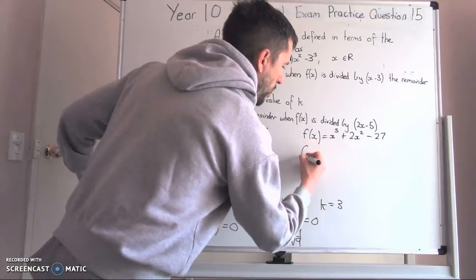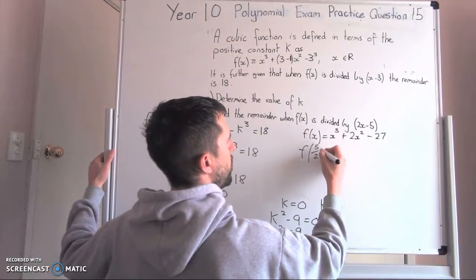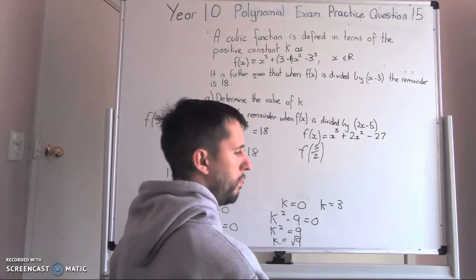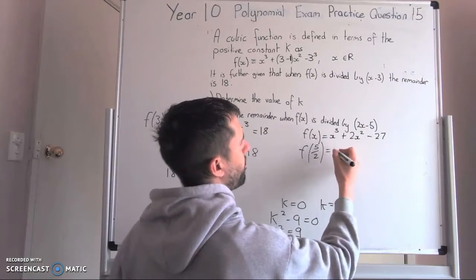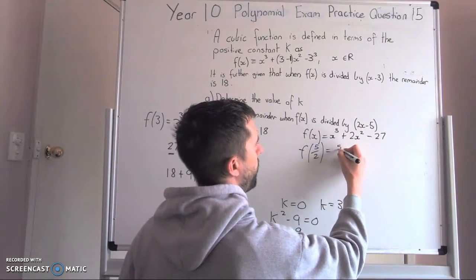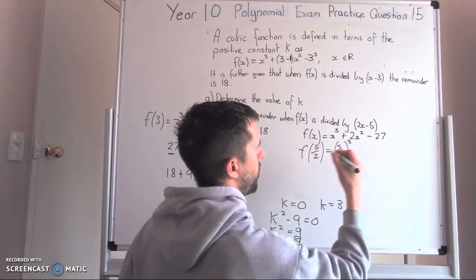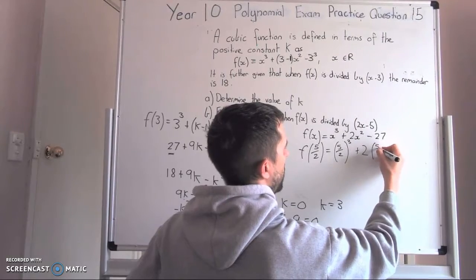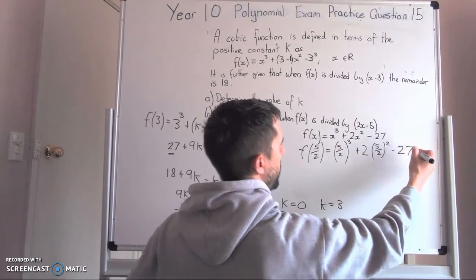So that means all I am doing is putting in 5 over 2 as my x value. So I've got 5 over 2 to the power of 3 plus 2 times 5 over 2 squared minus 27.